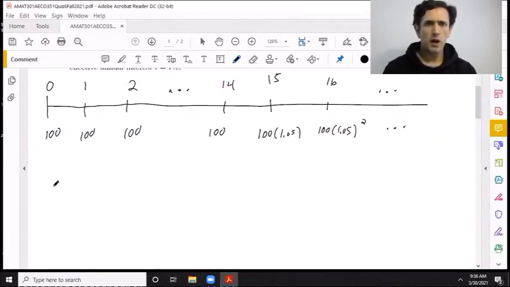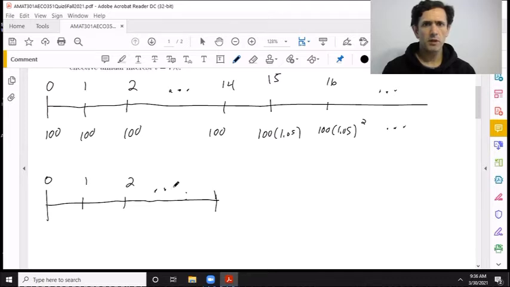Okay, so let's break this up into two annuities. I'm going to do it the following way. This is at least how I would do it. You don't have to do it this way. I would have the last payment be at the beginning of the 14th year.